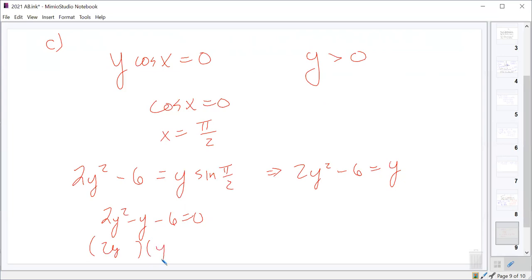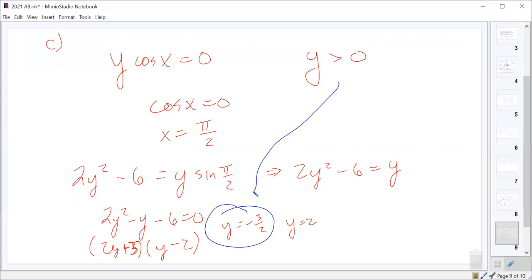That factors as 2y plus 3 and y minus 2. That gives us y equals negative 3/2 and y equals 2. But it says that y is greater than 0, so we'll ignore y equals negative 3/2 and just get y equals 2. So the coordinates of our point are pi over 2, comma 2.